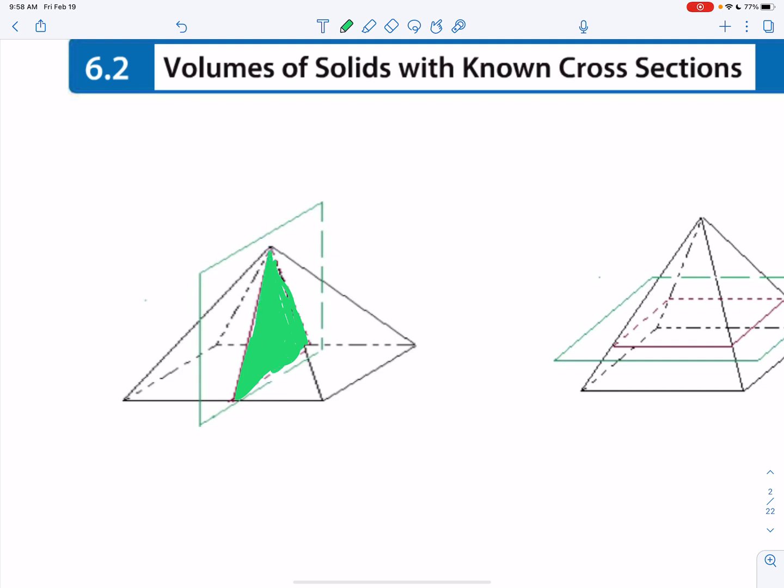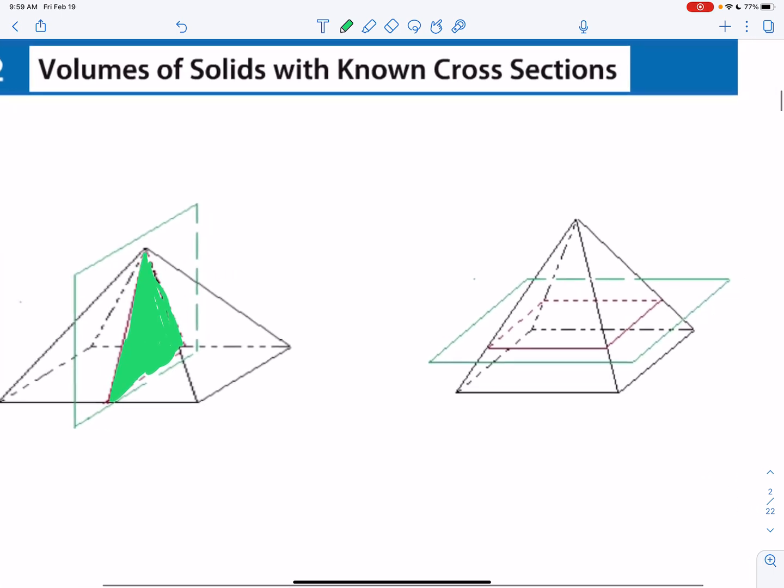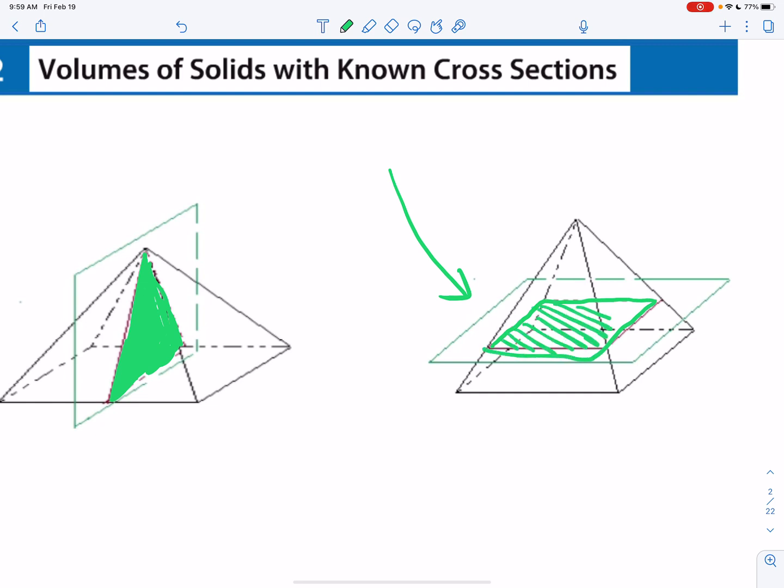Okay, the cross section is pretty much what do you see if you were to look at it from the side, right? Now, if instead you were to slice it horizontally, like in this picture, if you were to open that up, that cross section would be in the shape of a square here. Okay, so cross sections could be of many different shapes.